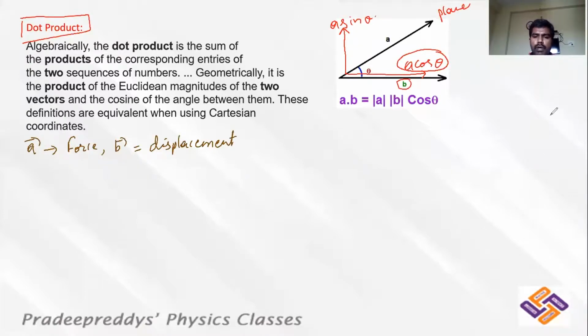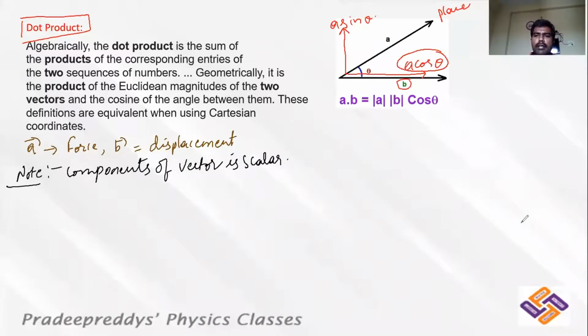Okay, so one thing you need to understand here is components of vectors. Component of a vector is a scalar quantity. Remember that.